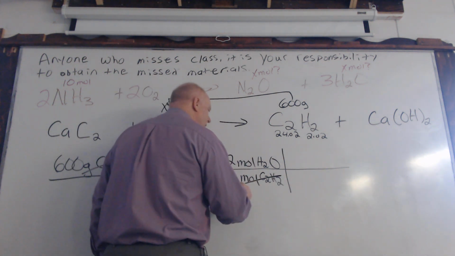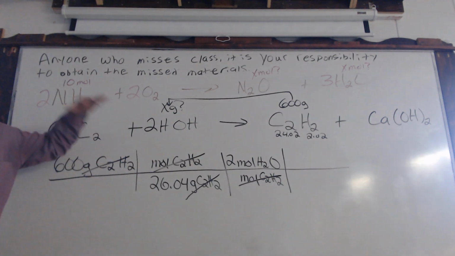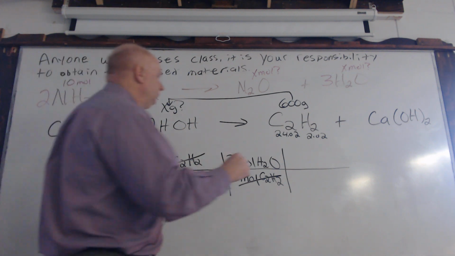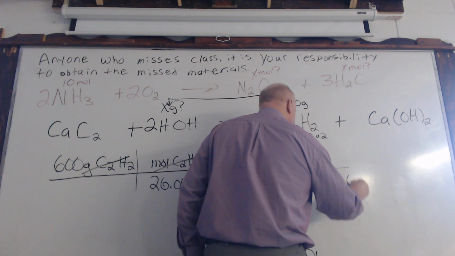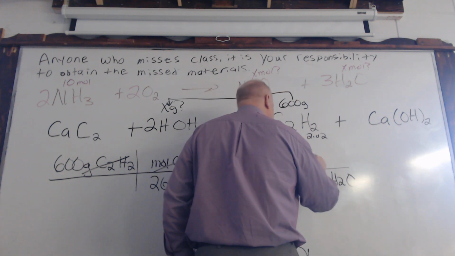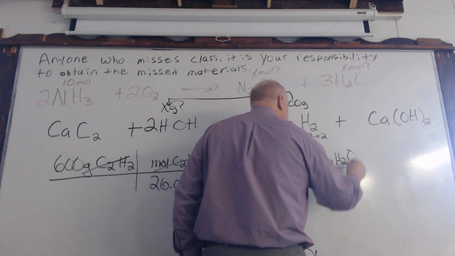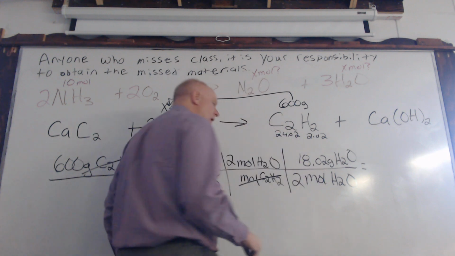So we're in moles of water. When you do it this way, it allows you to keep track. Mole of H2O on the bottom. We got a mole here, put 2 there, right?